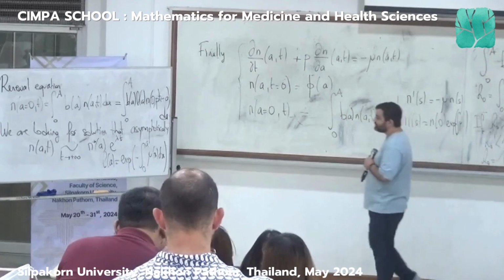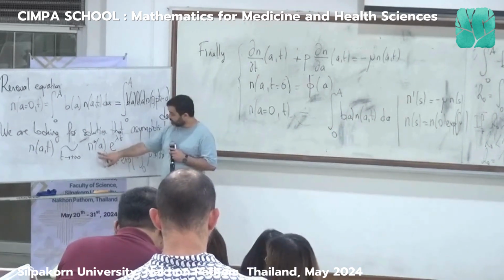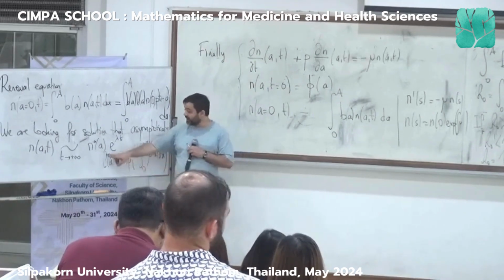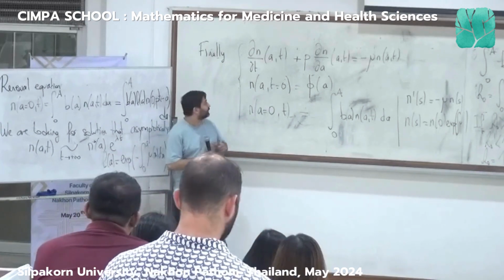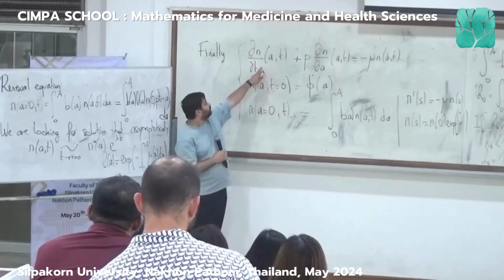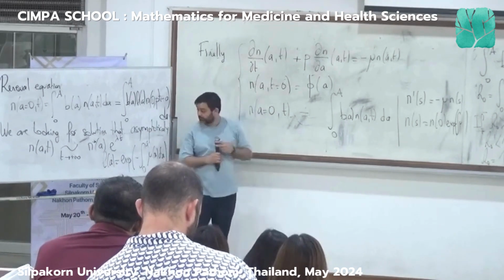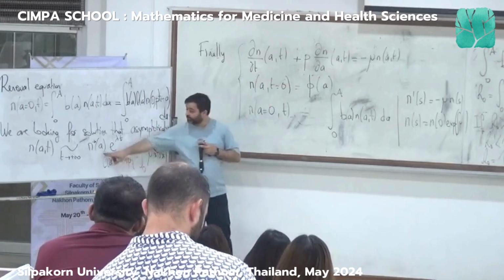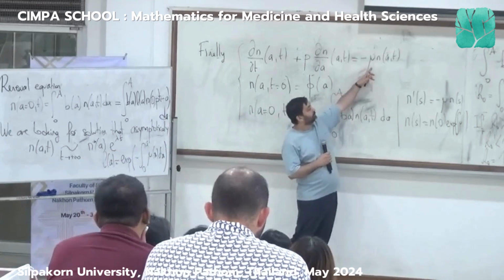But I didn't talk much about that. If you have this, you can put the equation there. N star is also a solution of the ODE. So here you have exponential lambda, and the derivative of n is equal to minus mu times n.